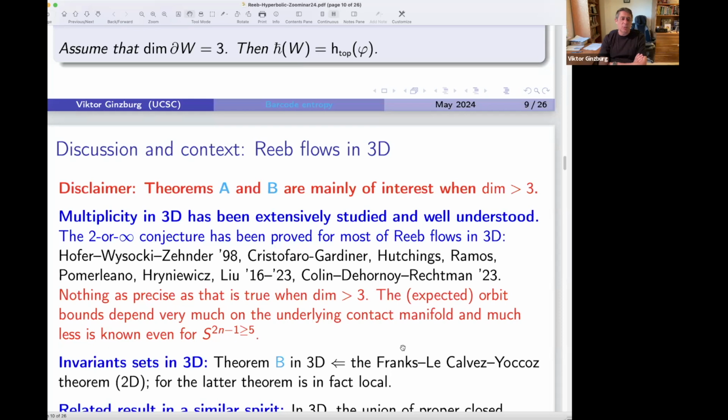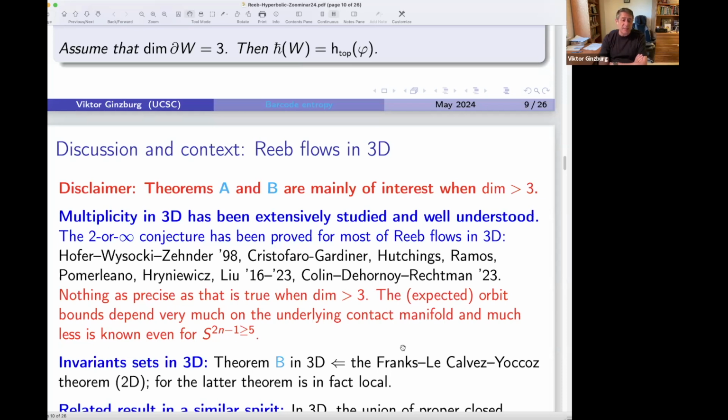This is the 2 or infinity conjecture, and it states that for every Reeb flow in dimension 3, there are either exactly 2 or infinitely many periodic orbits. And this is totally general and totally unconditional. So in particular, it implies our first theorem in dimension 3 without any condition on the Reeb flow.